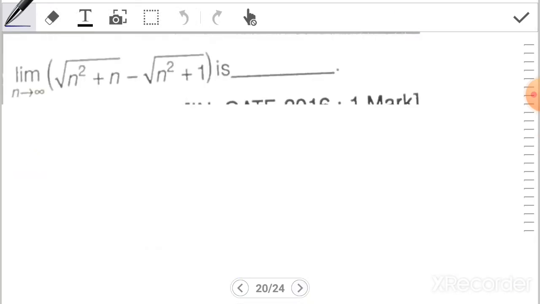Next problem. Limit of root under n square plus n minus root under n square plus 1.